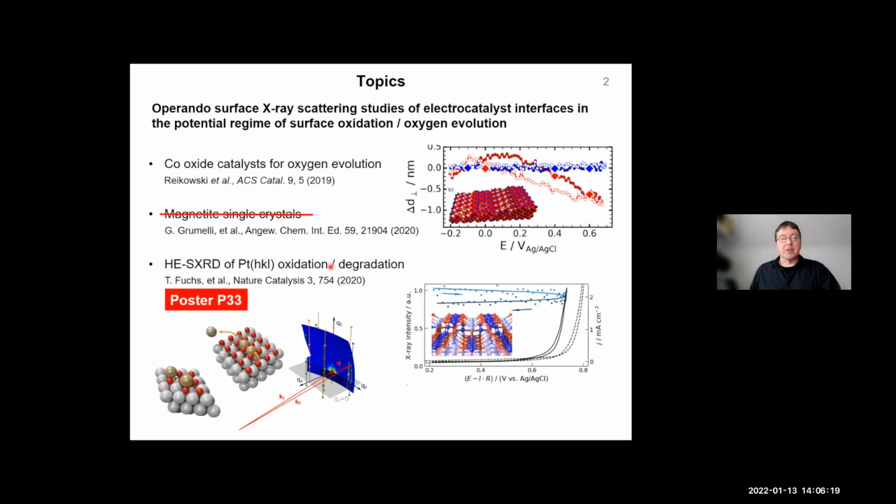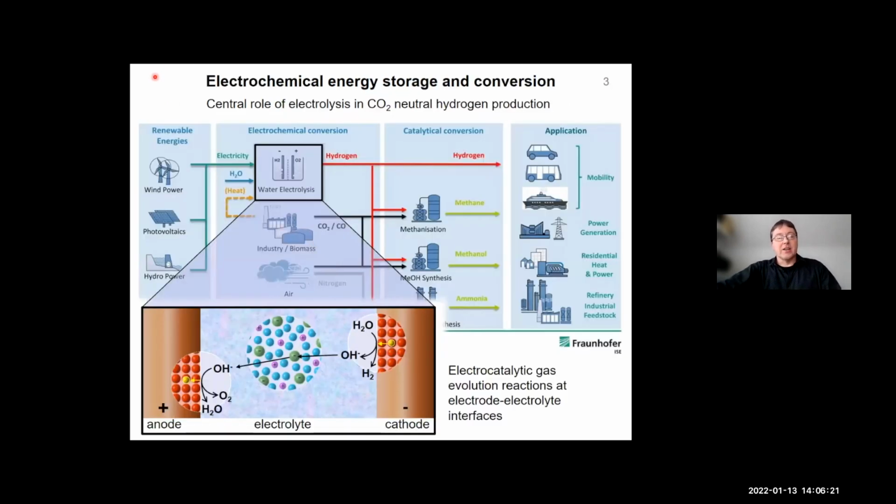Okay, so why are we studying that? You know that the world is striving towards becoming CO2 neutral, and this is the general idea behind it: you use electricity to produce, in the very end, hydrogen.